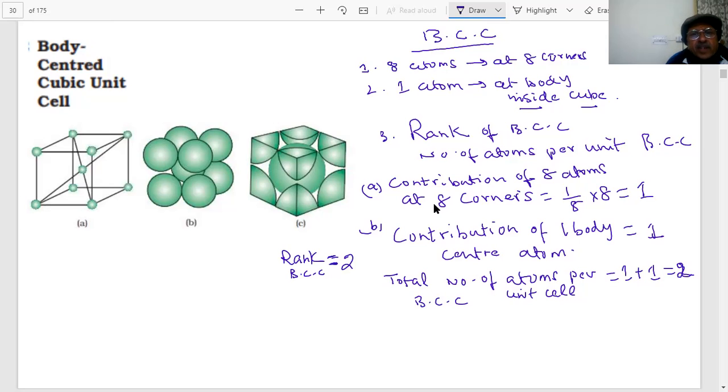This is the actual state. You can see that once it is like this, these corner ones are touching. See this corner, the atoms which are at the corner, students, they are touching.